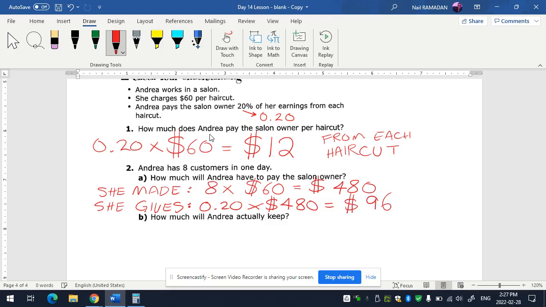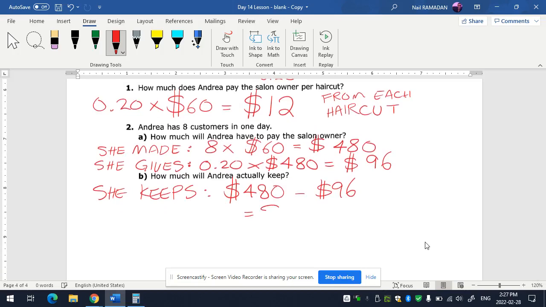So how much does she keep? What do you do with those two numbers, add or subtract? That's how much she made if she paid nothing to the salon owner, but she did pay, which means she gets the difference. So she keeps 480 minus 96, which is 384.